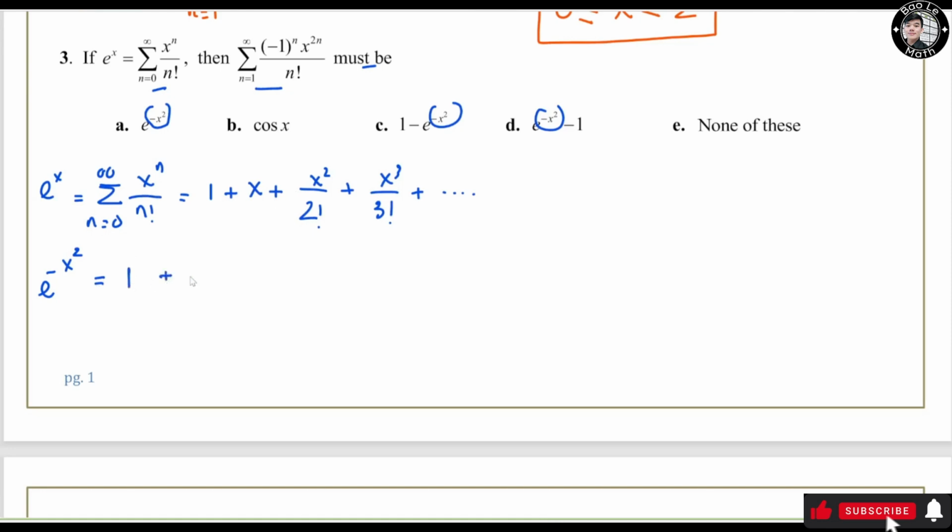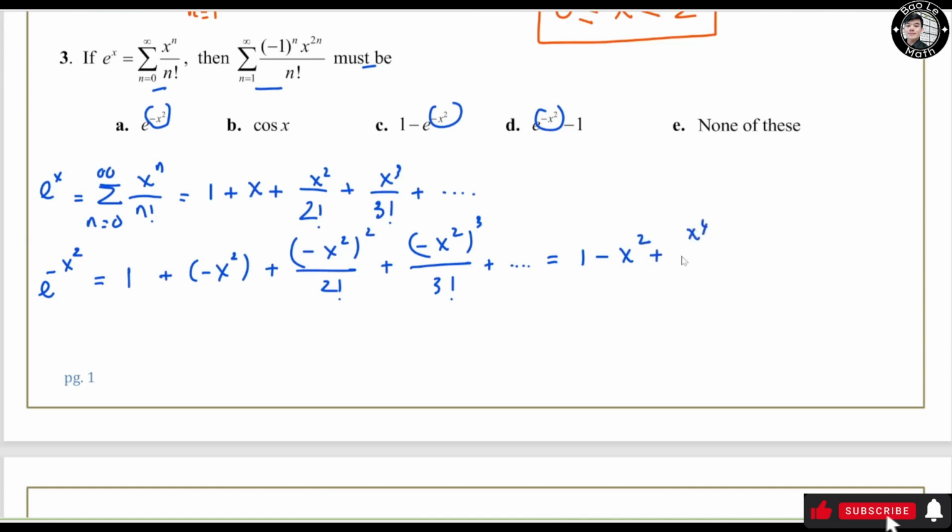It could be 1 plus negative s squared, plus negative s squared all squared over 2 factorial, plus negative s squared all cubed over 3 factorial, plus etc. Equals 1 minus s squared plus s to the 4 over 2 factorial, minus s to the 6 over 3 factorial, plus etc. So this series turns out to be, you just replace s right here with negative s squared.